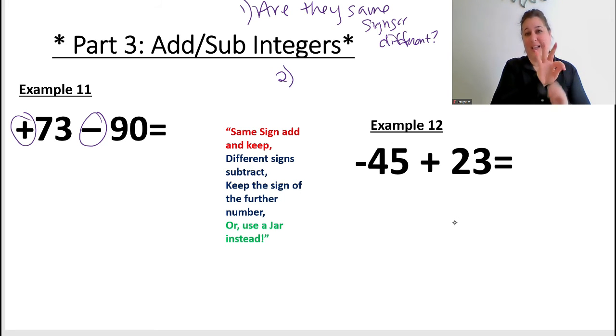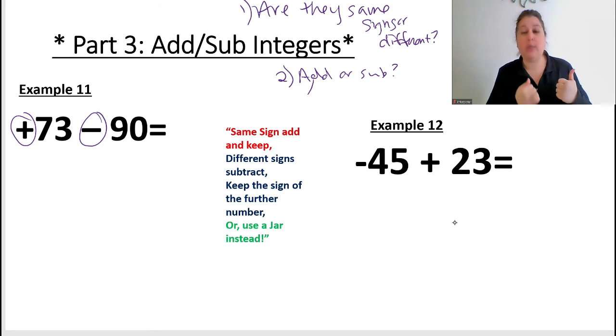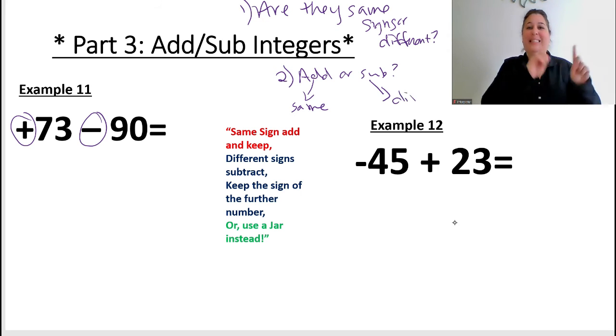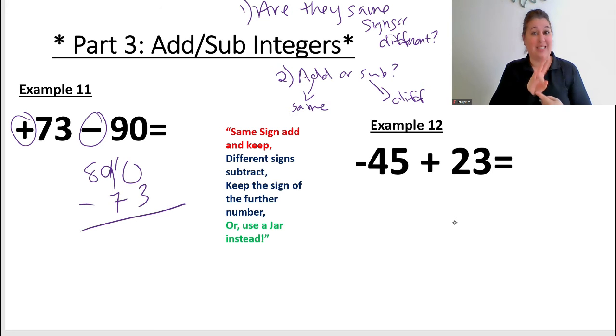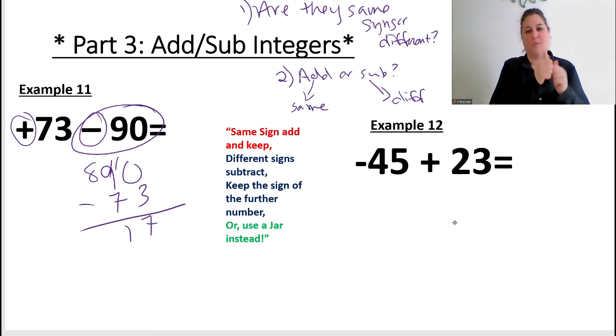So the next thing you ask yourself, are you going to add or subtract? Well, when they are the same, I add. When they are different, I subtract. So I'm going to do 90 minus 73. When I do that, I get 17. Keep the sign of the further number. Negative 90 is further away, so my answer is negative 17.